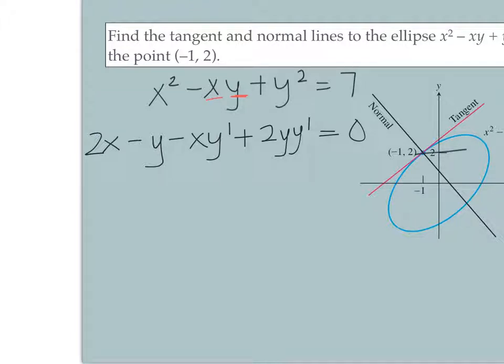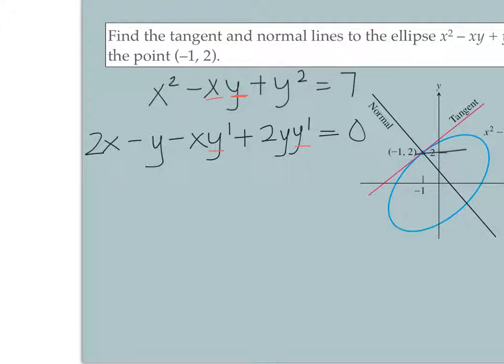What would you do if I asked you to solve for y prime here? Clayton? Is it because there's a negative x y prime and a 2y y prime? Yeah, there's two different spots in my equation that y prime shows up.